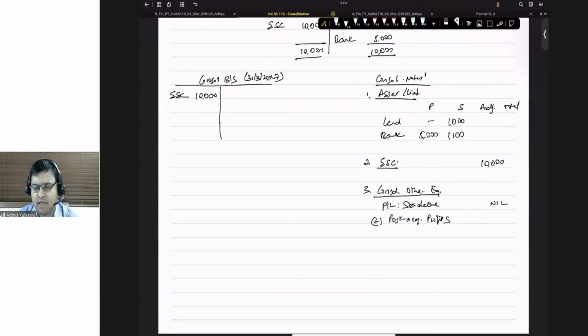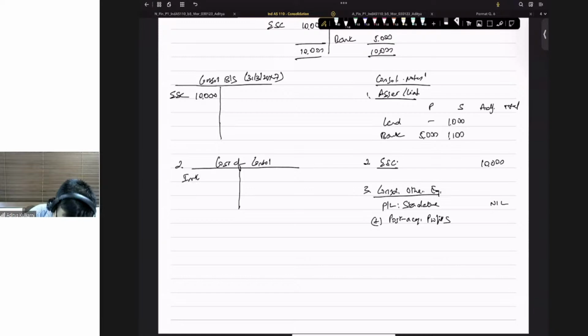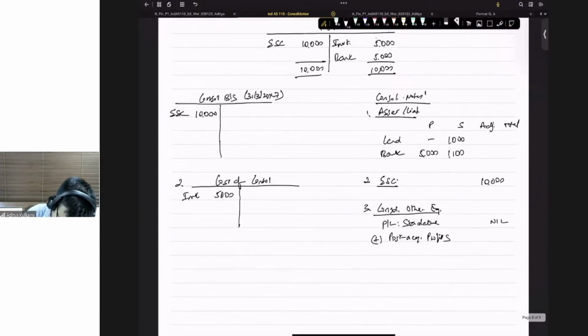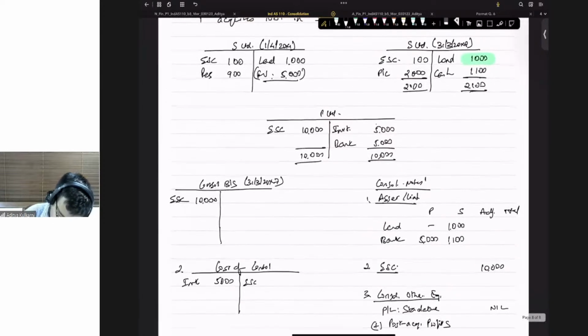Then we move on to working note 1, reserve. There is only one reserve, so I'll not be touching much on that. Note number 2, cost of control. Let us proceed. Investment gets eliminated at 5000. Equity share capital was 100.